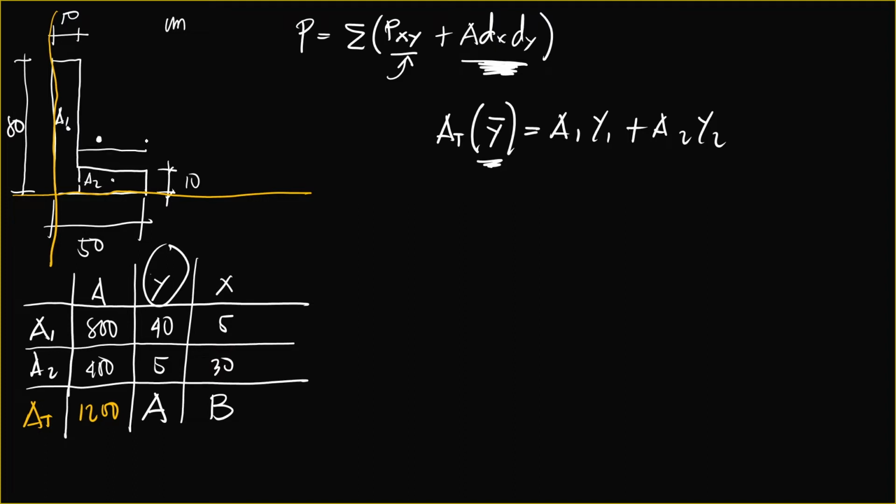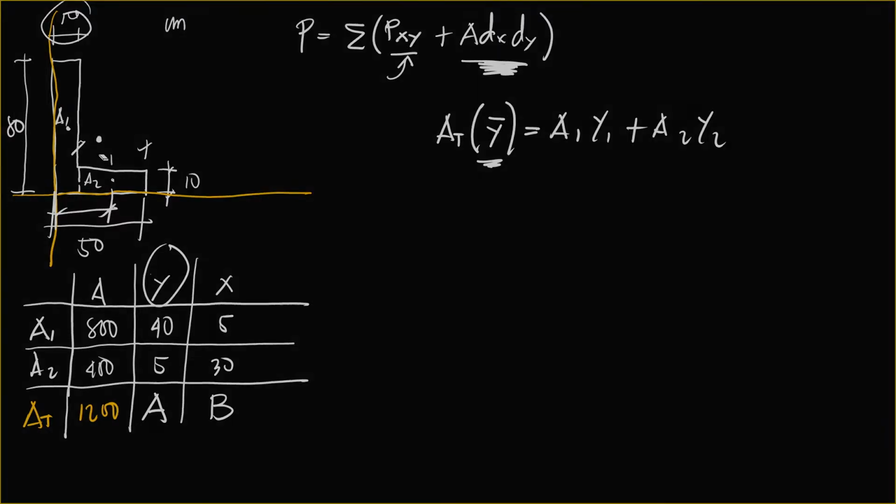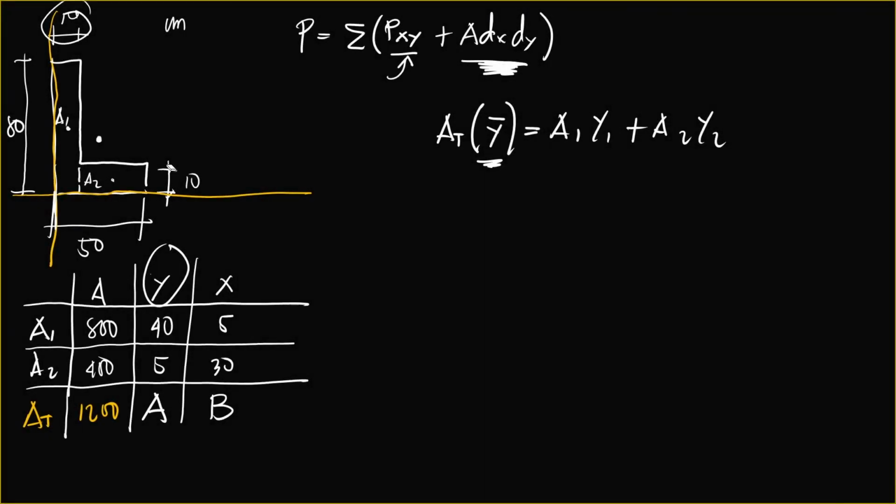This distance is 40. Half of that is 20. And there is another 10 here. So from this axis it is 10 plus 20, which is 30.